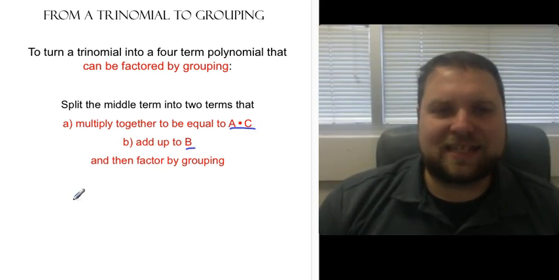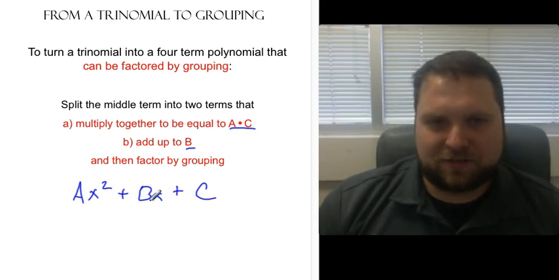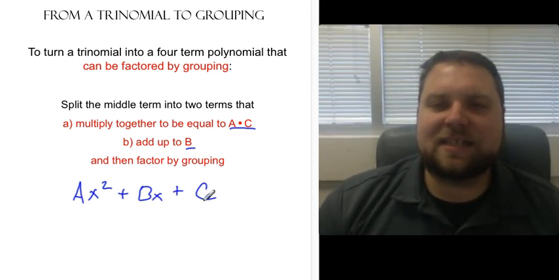So it kind of looks like this. Any quadratic trinomial I can write in a form that looks like this. A is the coefficient of the squared term, B is the coefficient of the linear term, and C is the constant.